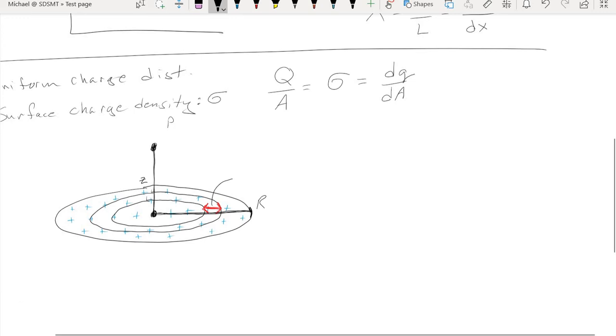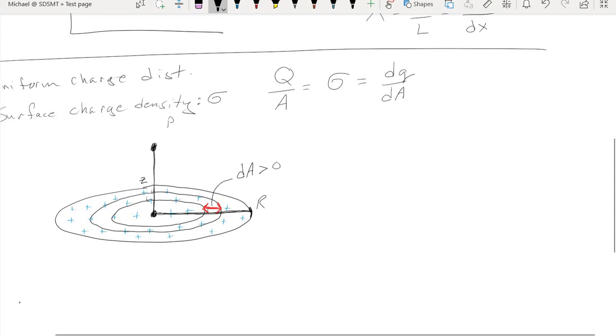And so this ring segment right here, it has to have some amount of area, even though we're going to consider it to be infinitesimal. It cannot equal 0, so it has to be bigger than 0.